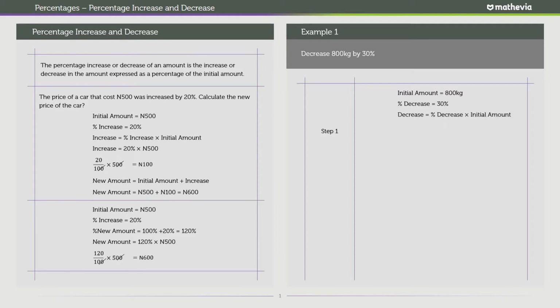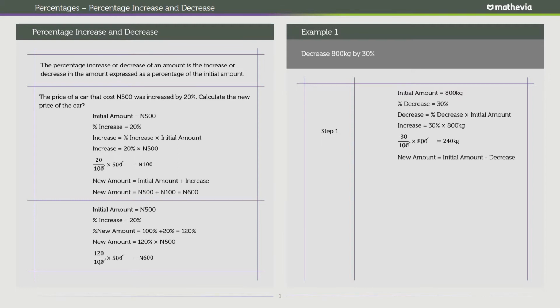Our decrease would be the percentage decrease times the initial amount. So we'll find out exactly what 30% of 800 kilograms is. We just go 30 divided by 100 times 800, and we have 30 times 8, which gives us 240 kilograms.